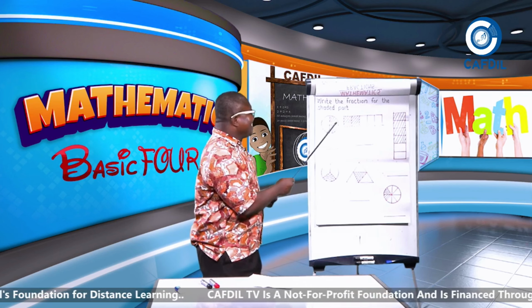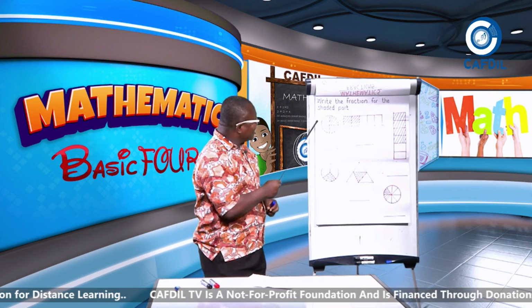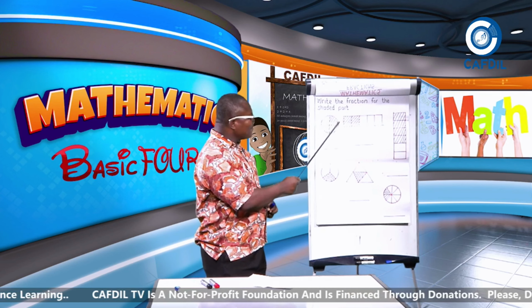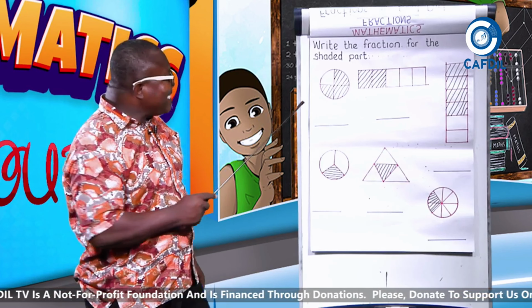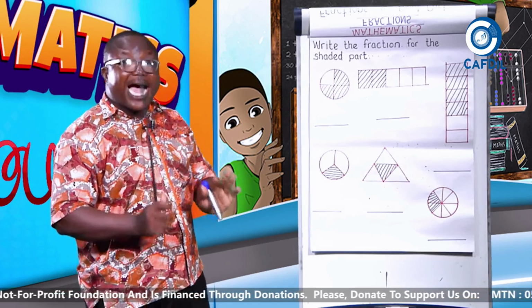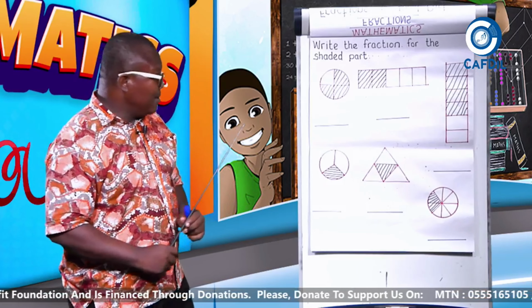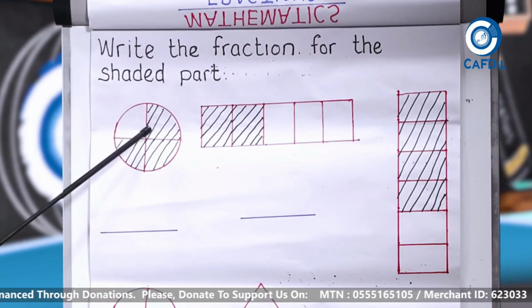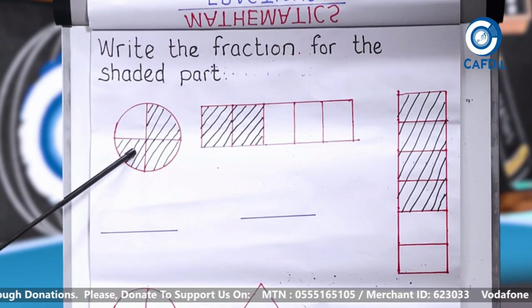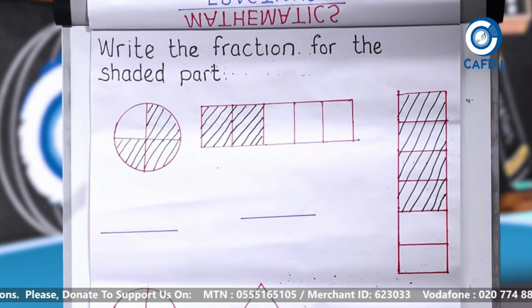Now let's look at this circle. The circle has been divided into how many parts? So we have 1, 2, 3, 4.